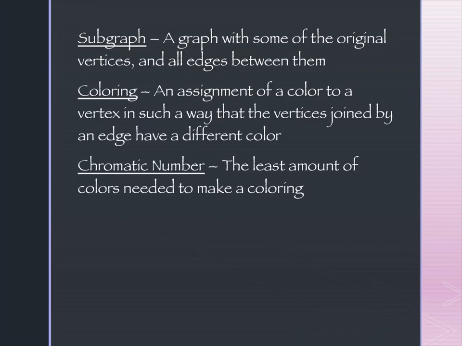A coloring is defined as an assignment of a color to a vertex, not edges, a vertex, in such a way that the vertices joined by an edge have different colors. And a chromatic number is the least amount of colors needed to make a coloring.